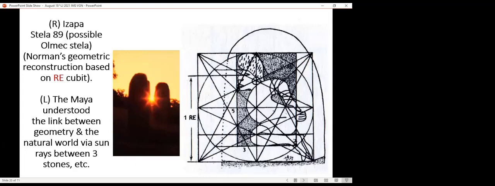Culture transfers, about the only way one can answer this one. Okay, this was the last sculpture to be uncovered before publication of the Izapa sculpture text.